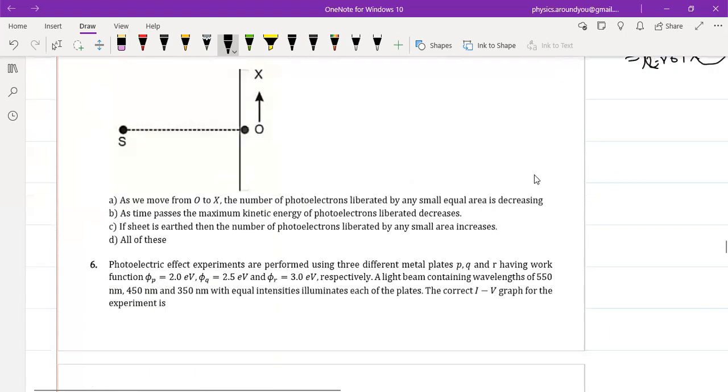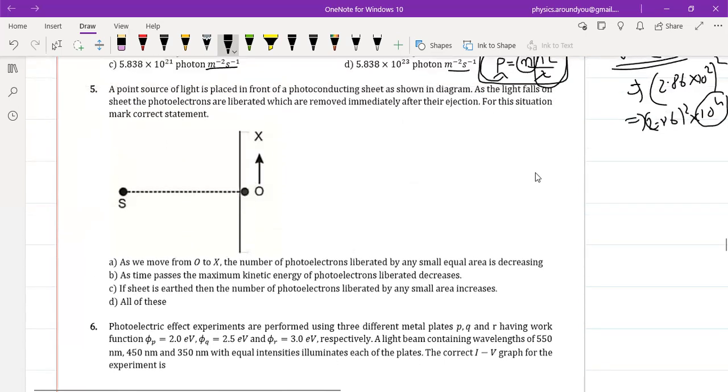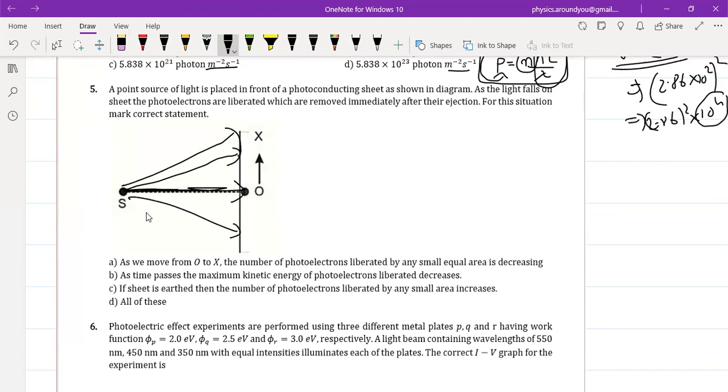Now, question number 5. In question 5, very cleverly, I will choose the answer as all of these. Reason: this is a photoconducting sheet and the source is always going to have maximum intensity here, and light always spreads out from the source like this.